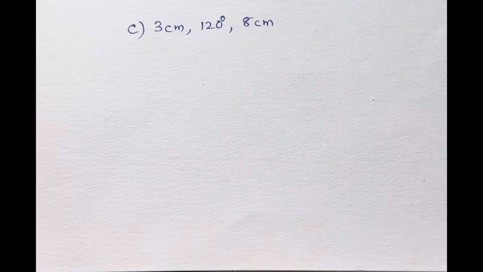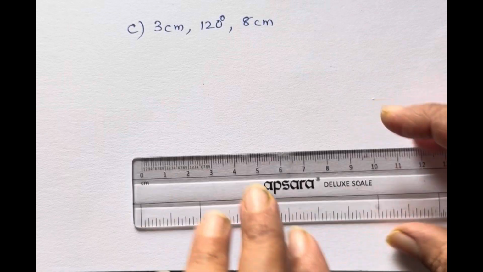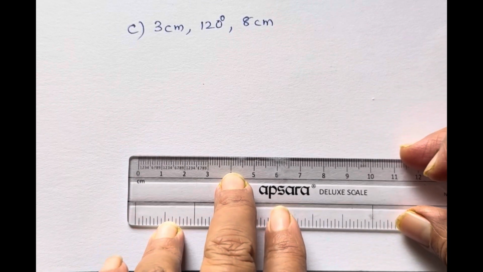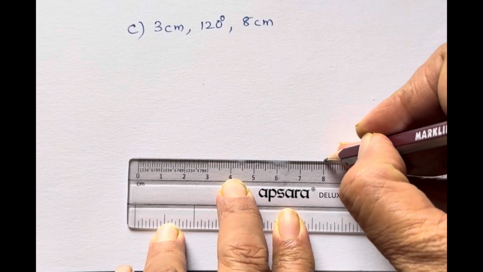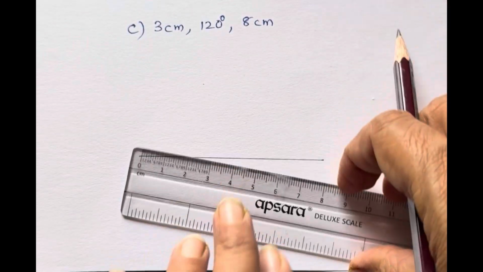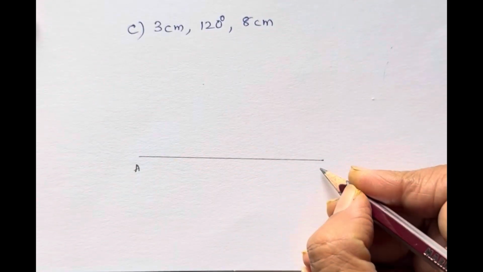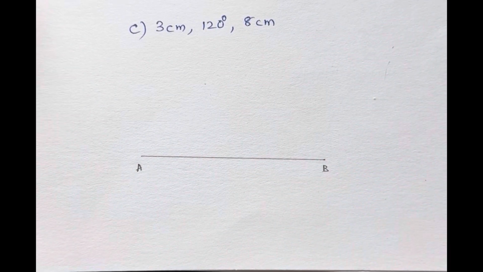Question number C, your 3 centimeter, 120 degree and 8 centimeter. So we take 8 centimeter as the baseline. Fine, we name it as AB. And now we need to draw 120 degree angle.